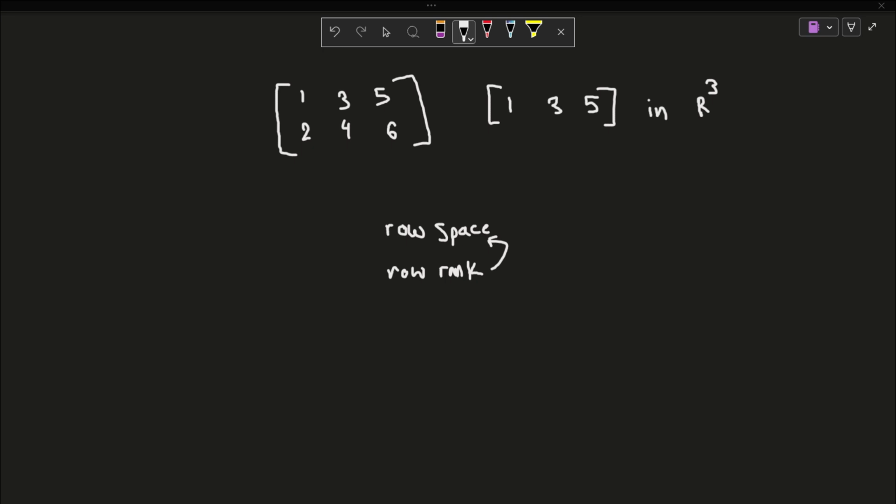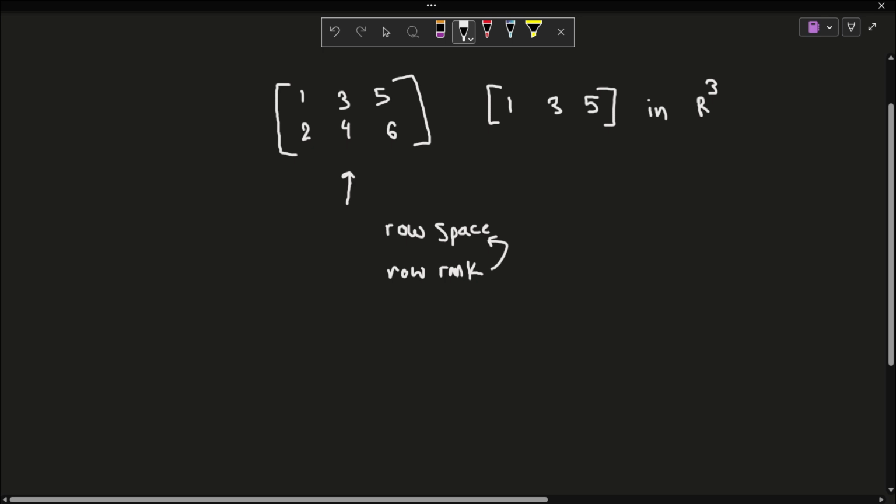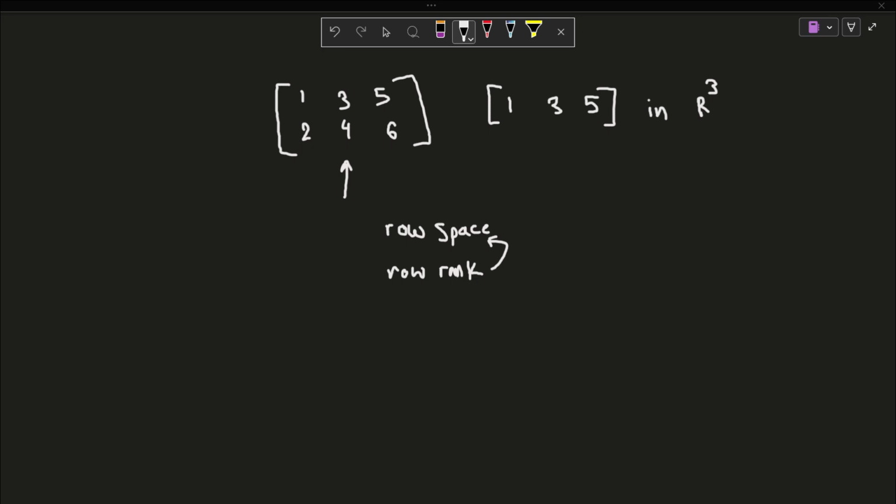So if we were to take this and row reduce it, then whatever non-zero rows we get are going to form the basis of our row space.